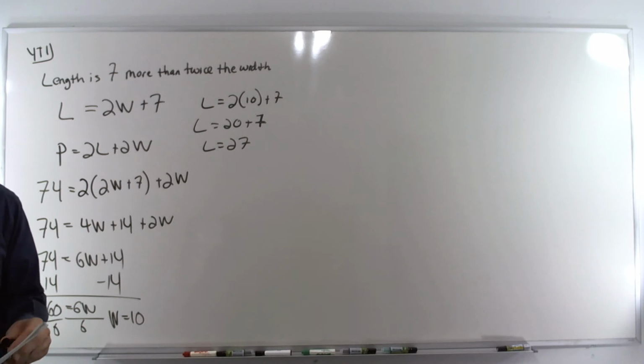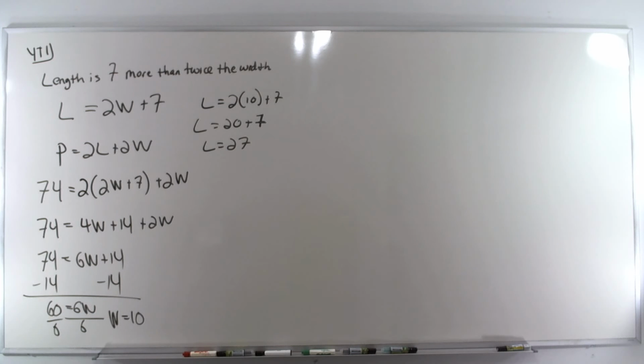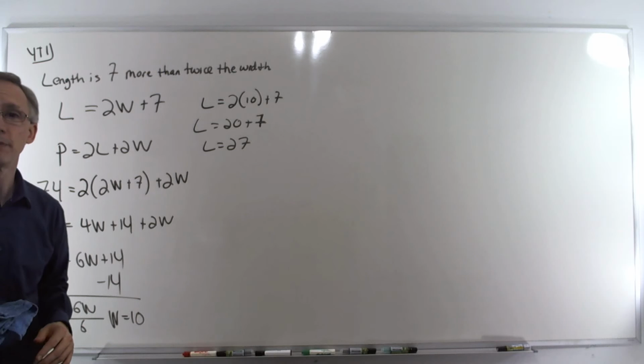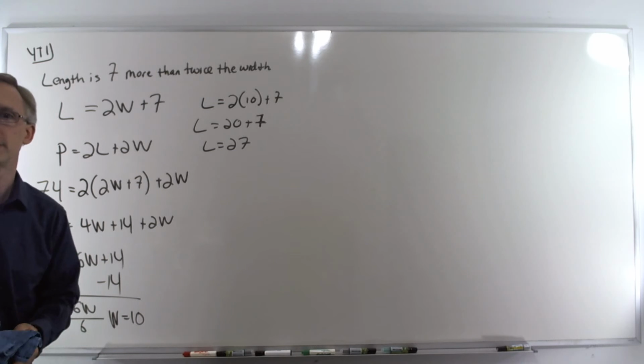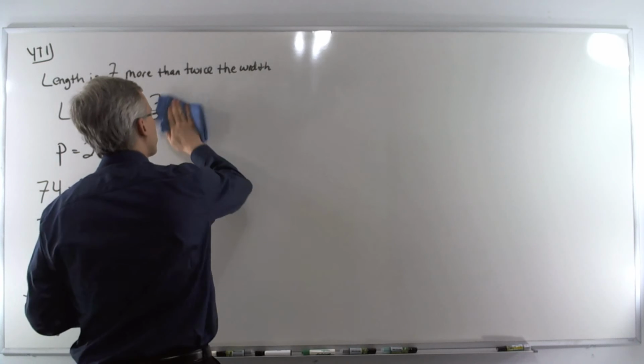Next type of problem we're going to look at is investment problems. We're going to be given some information about 2 different investments, and we're going to figure out how much is invested into each account.